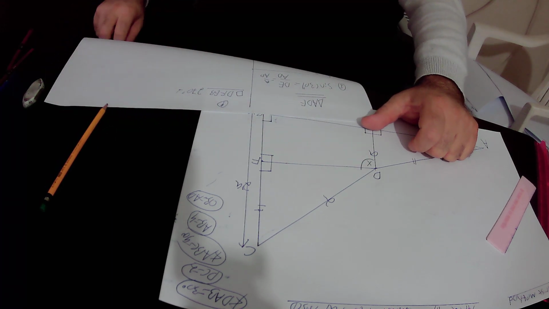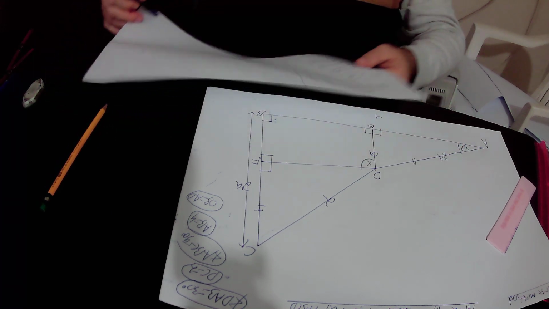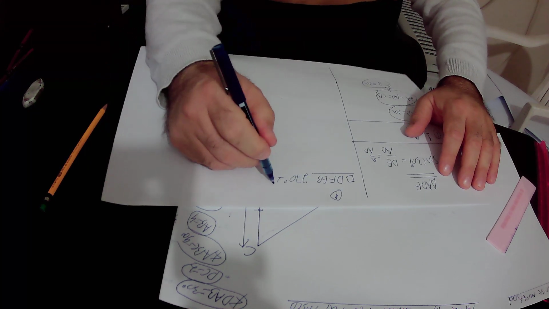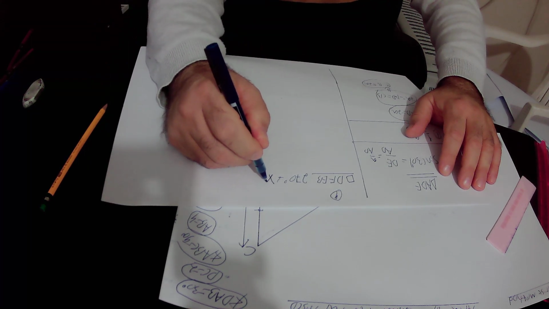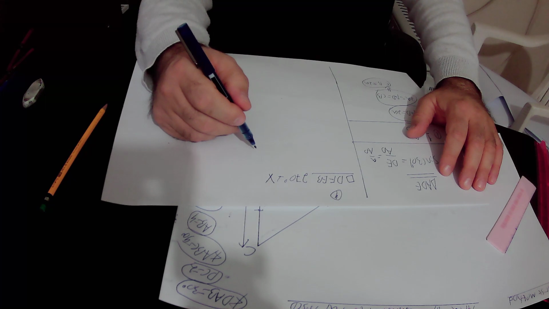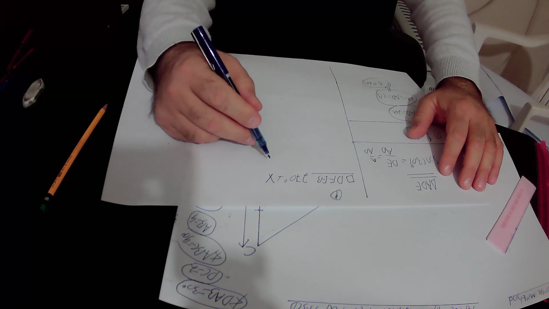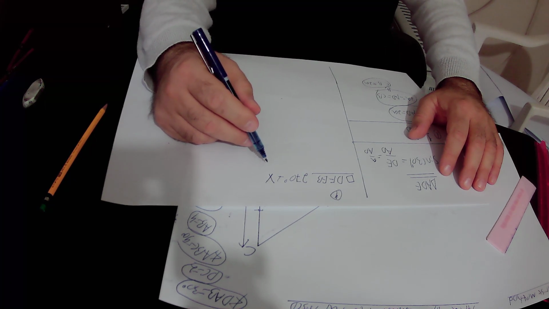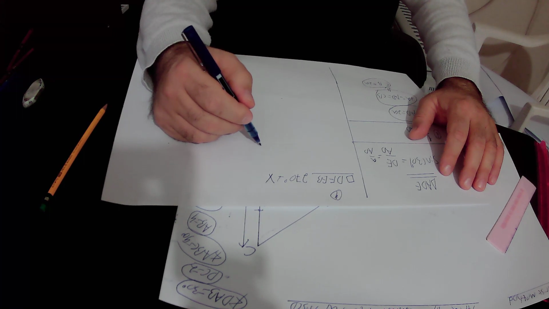So 270 degrees plus angle x is the sum of all four angles of quadrilateral DFEB.